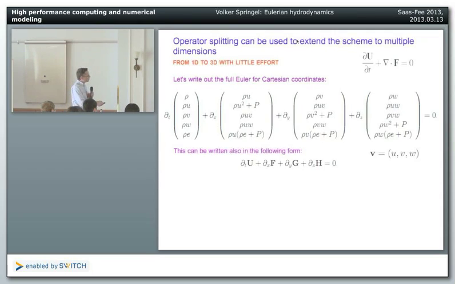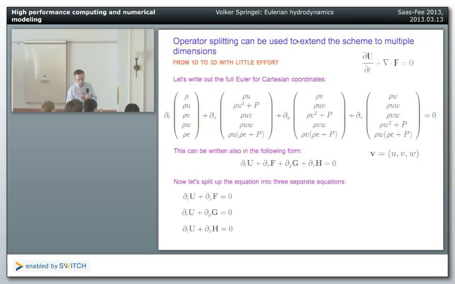And now you make the trick of so-called operator splitting. I'm boldly conjecturing that I replace this one equation with three equations. Each of them looks like a one-dimensional Euler equation, dt u plus dx f, and then the same thing in the y direction and the same thing in the z direction.